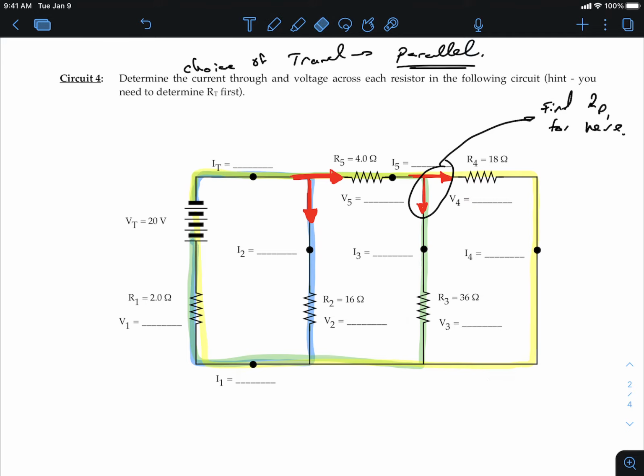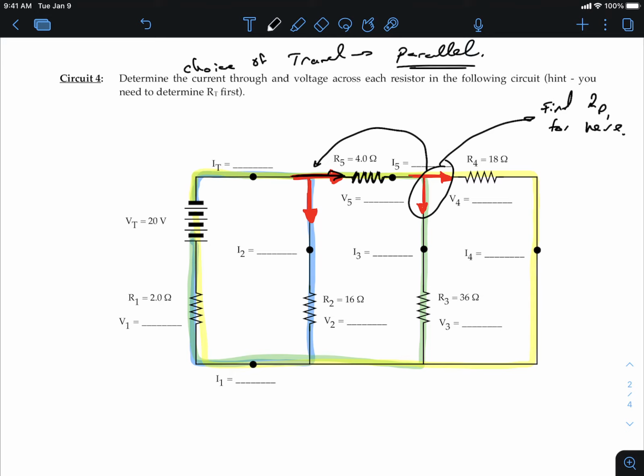Now something else happens, right? If the electrons, I'm just backtracking here, let's say that the electrons choose to go this way in the first place. They have no choice but to encounter this other resistor that's sitting here.